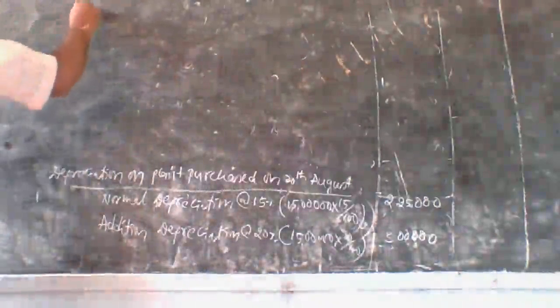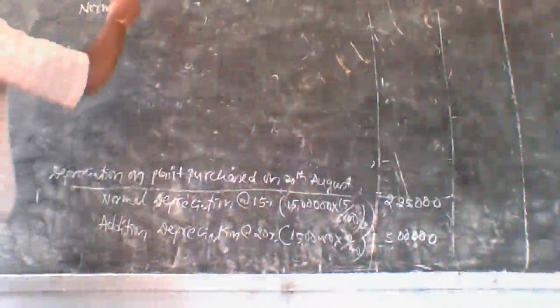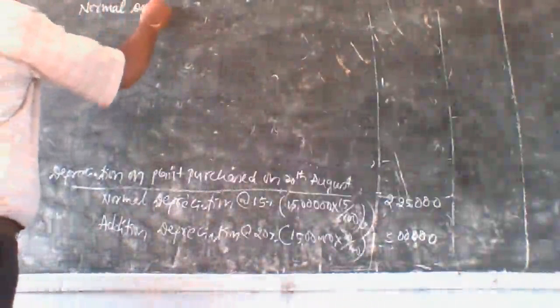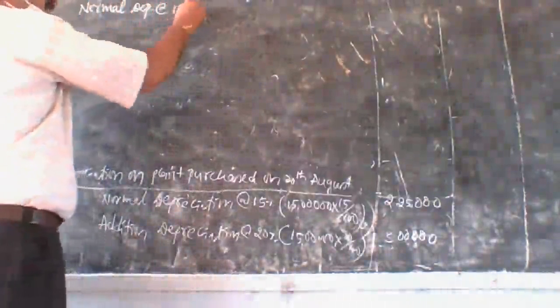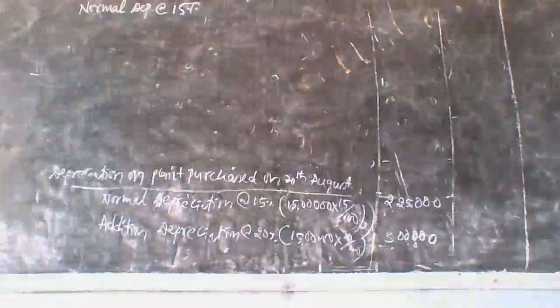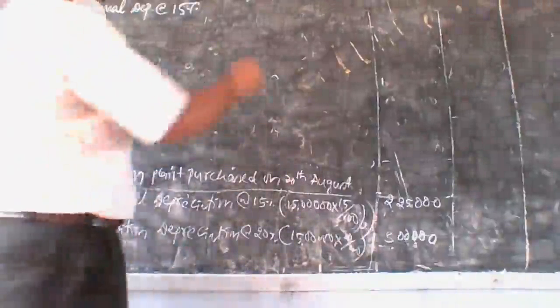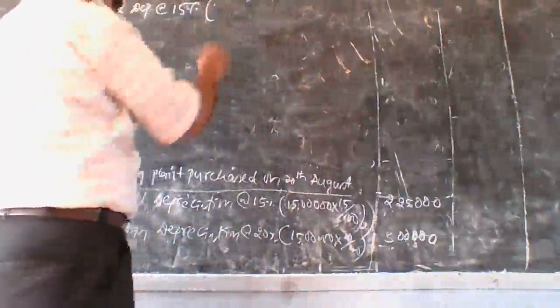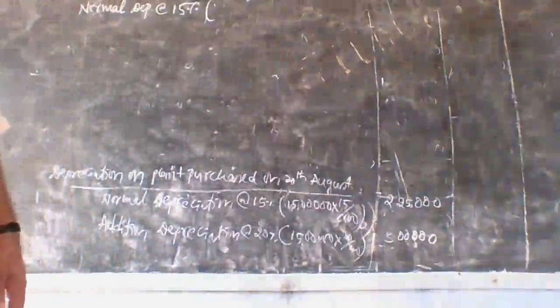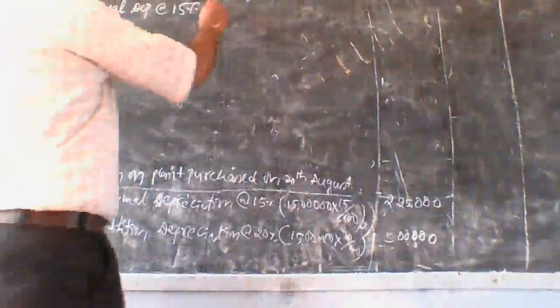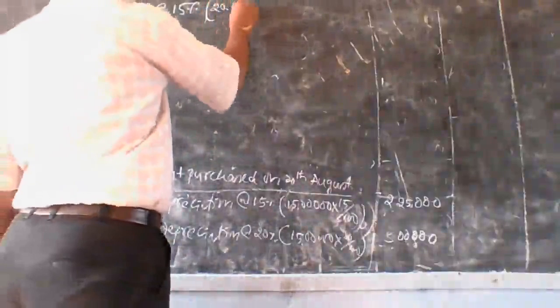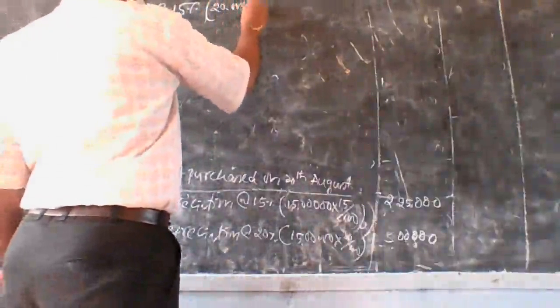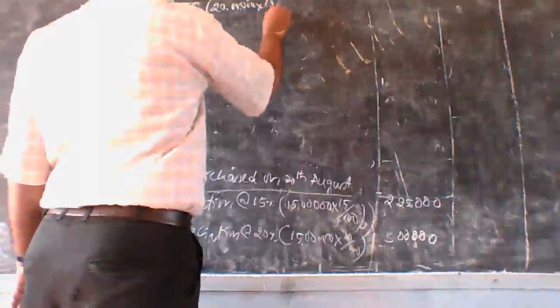Normal depreciation at 15%. Since it is used for less than 180 days, half of the percentage. What is the value of machinery? 20 lakh at 15% for half year.